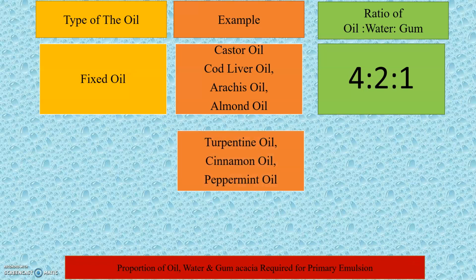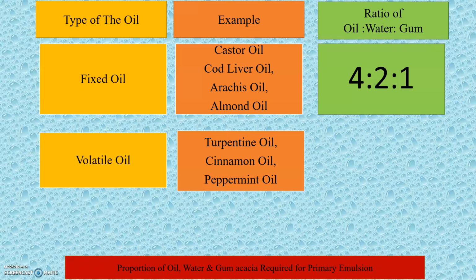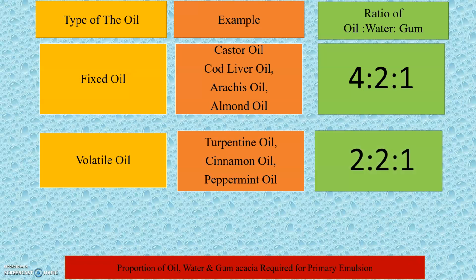Next example, turpentine oil, cinnamon oil and peppermint oil. These are examples of volatile oil, and the ratio of oil, water and gum acacia for volatile oil is 2:2:1.